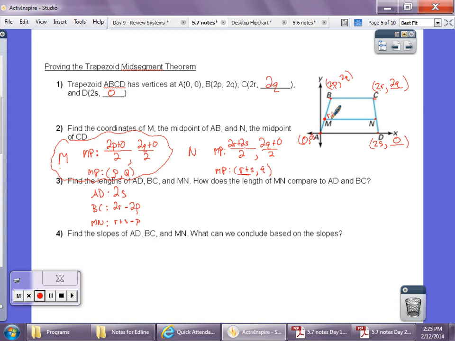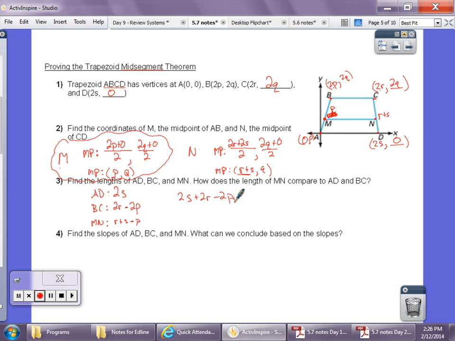So this is R plus S and this is P, so from here to here, it's R plus S minus P. How does this compare? How does the length of MN compare to AD and BC? If you look at AD and BC, AD is 2S plus BC, 2R minus 2P.